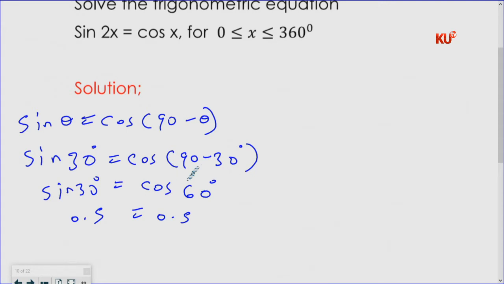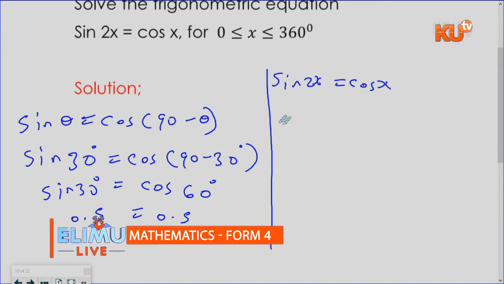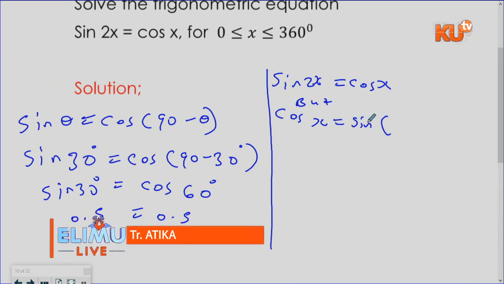Now we are going to borrow this knowledge to solve this particular question. Let's get back to our question: sine 2x should be equal to cos x. But look at this cos x. I've just given you the concept: cos x is equal to sine 90 minus x.